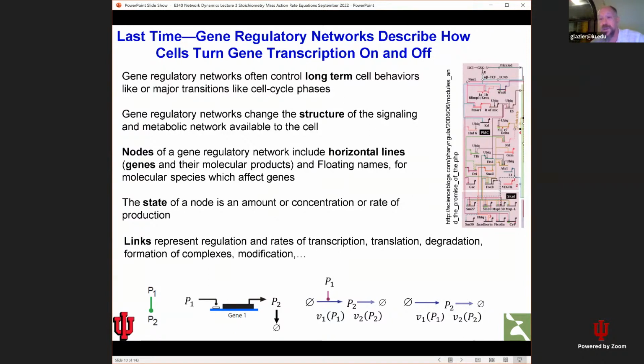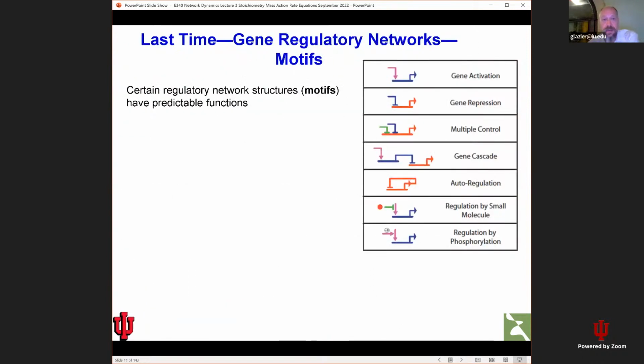There's this nice notation. That notation can hide a lot of complexity, in particular how conflicting signals are reconciled in terms of the control of gene transcription. Here we have motifs again. Multiple control is sitting there as if it's something very benign. It's actually pretty complicated to deal with. The other motifs are pretty well behaved.